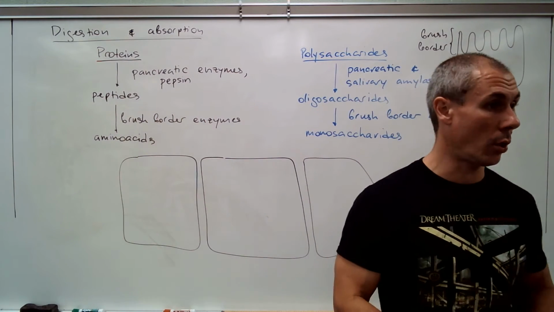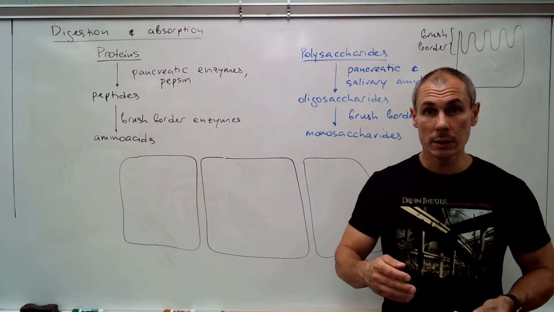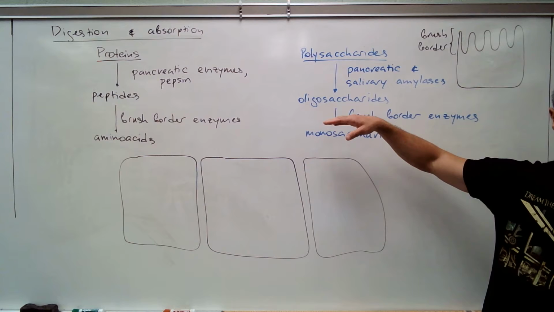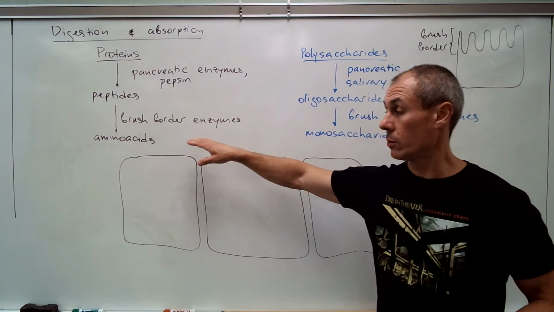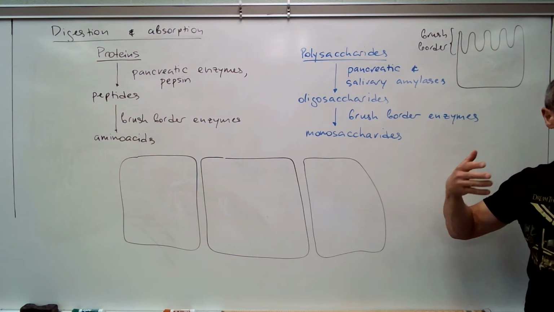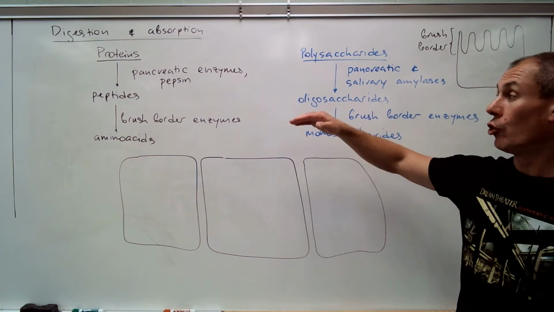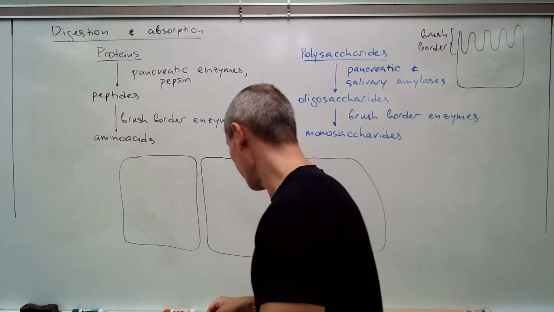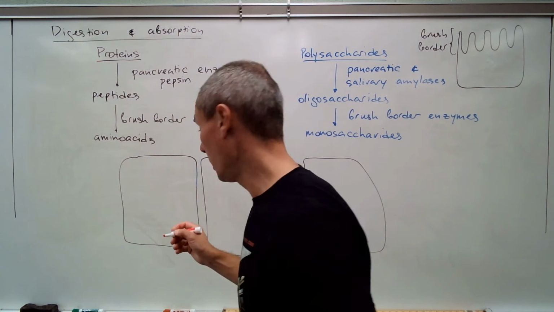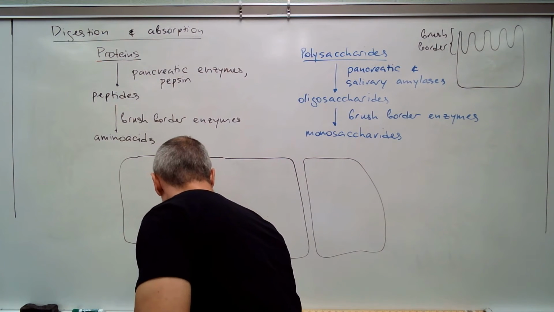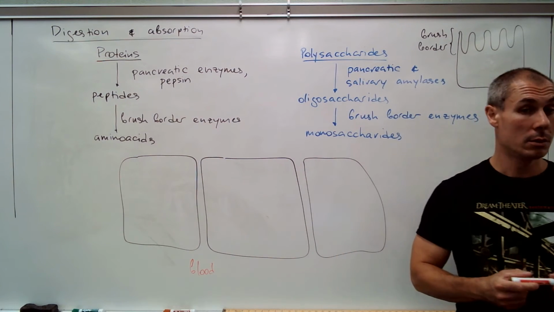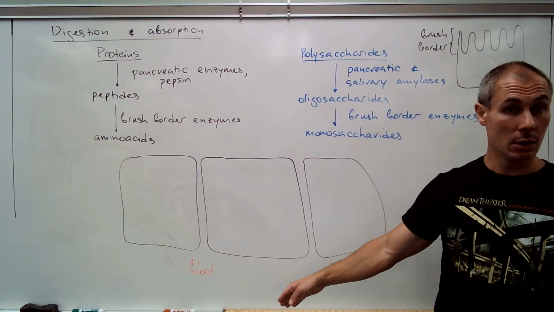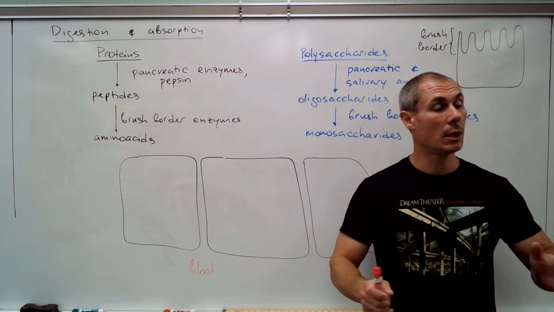What is the ultimate goal of absorption? Ultimate goal is, look at me, to move amino acids or monosaccharides or whatever nutrient we're talking about from the lumen of intestine here into the blood. Does that make sense? So ultimately, these nutrients have to cross the epithelium and get into the blood. Are we clear?